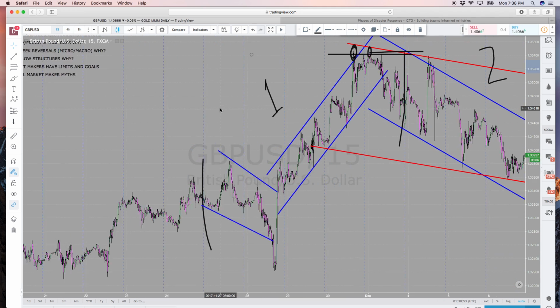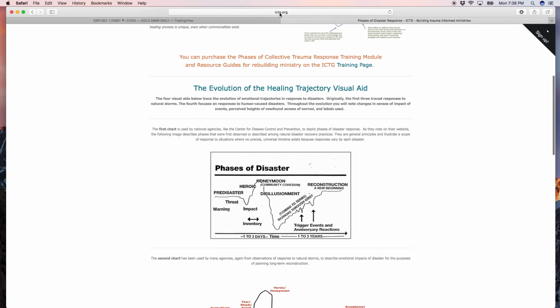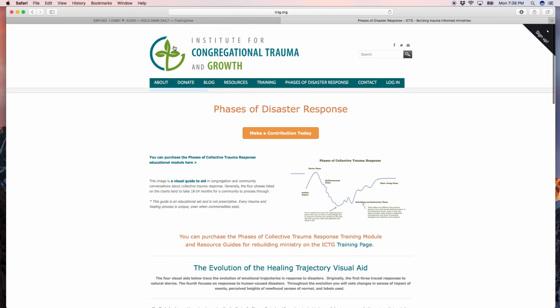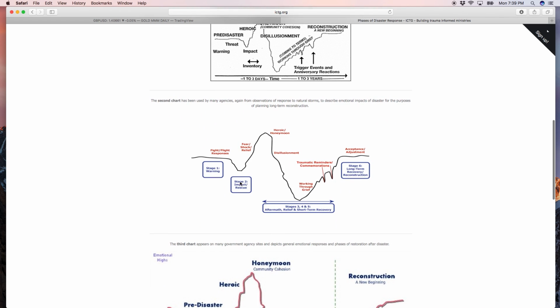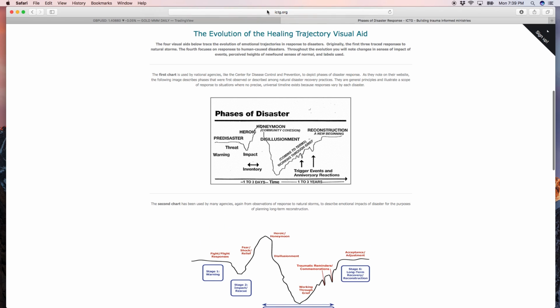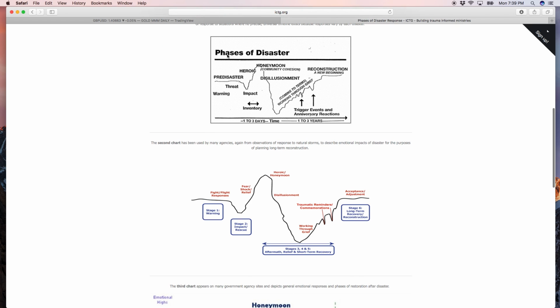So, first of all, let's go into the ICTG.org. Now, I have no idea really how I found this. It was just completely coincidental. But this website shows basically phases of disaster and how your emotions react to it through time and on a micro and macro scale, 1 to 3 days or 1 to 3 years.